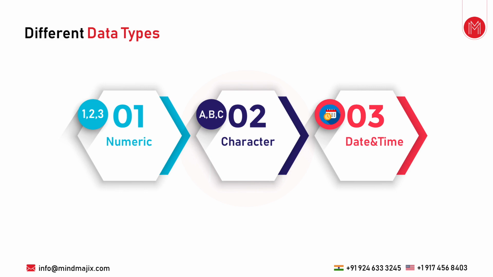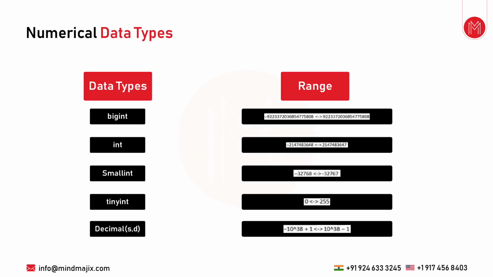To start with, the first data type is numeric. Under the numeric data type, we deal with bigint, smallint, tinyint, and decimal. When you talk about numerical data types, we have a different capacity for each of the data types, a range that has been defined for each of them. If you focus on the screen, you can see for bigint, the range starts from somewhere around -2^63, which is roughly -9.22 times 10^18, and goes on.